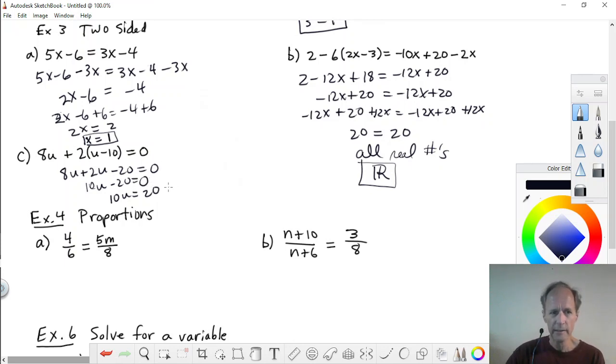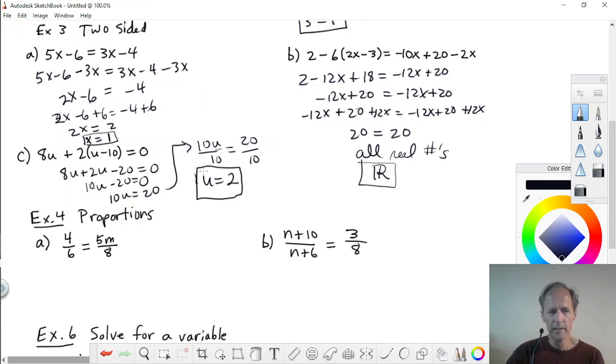Now it has 20. And we'll cheat a little bit. Write it up here. Divide both sides by 10. We'll go ahead and write that step now that we have room, because we moved to the top. 10u equals 20, but divide both sides by 10. So u equals 20 divided by 10. That's 2. And that's it.